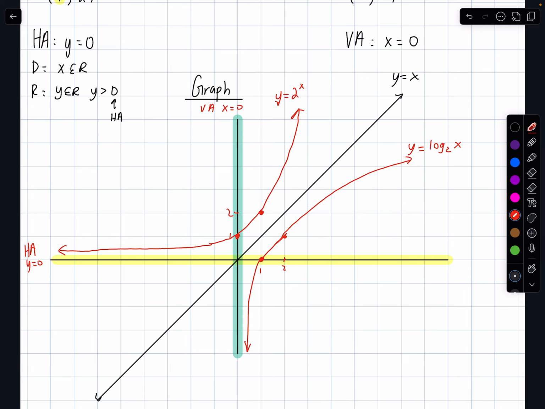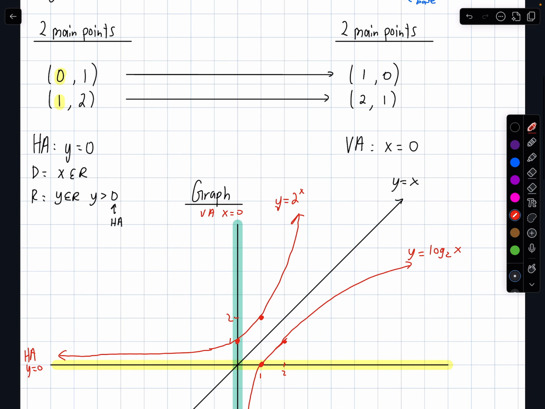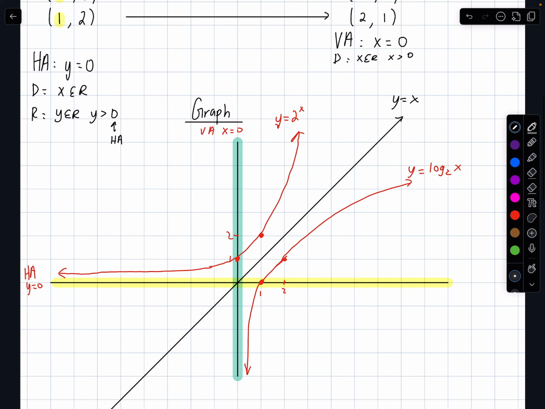log base 2 of x. Now, we already have the vertical asymptote, so we might as well get the domain and range. The domain of the logarithmic function is x is an element of the reals where x is greater than the vertical asymptote, which is 0, because it's everything to the right of the vertical asymptote.